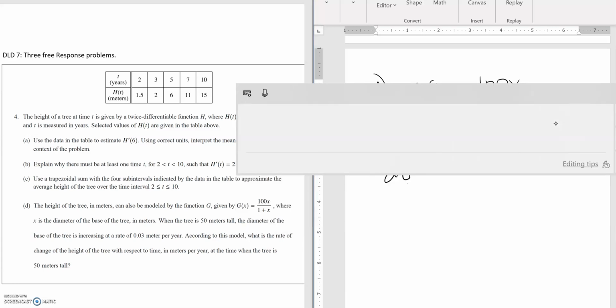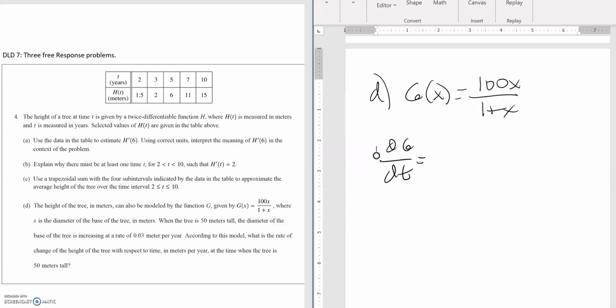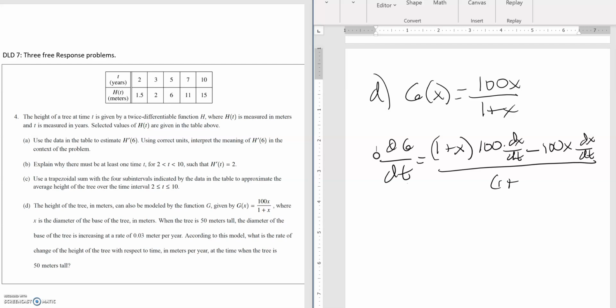So it's low, 1 plus x, d high, which is 100 times dx dt, minus high, 100x, d low, which would just be 1, except it's 1 dx dt, over low, which is 1 plus x squared.